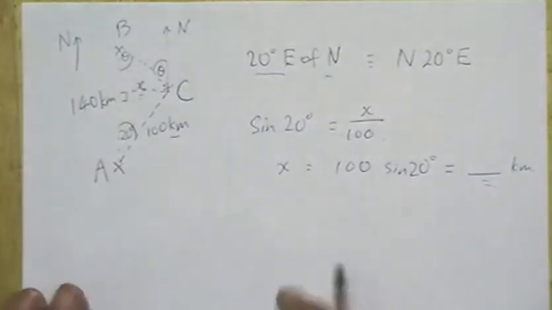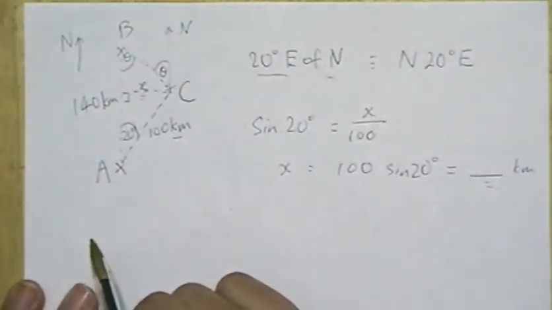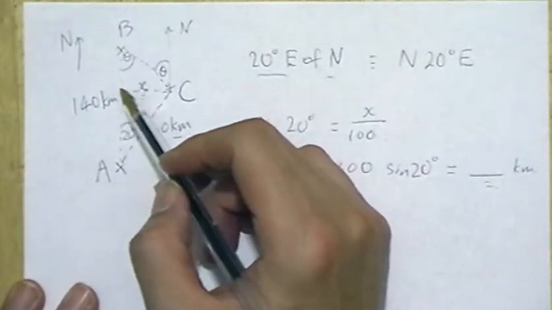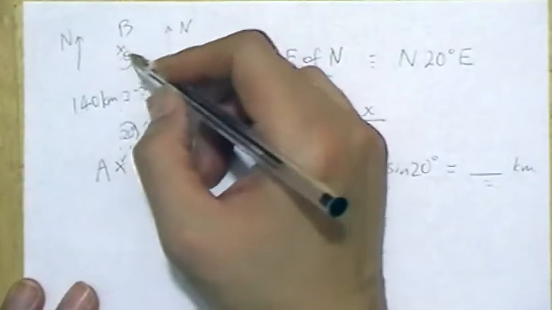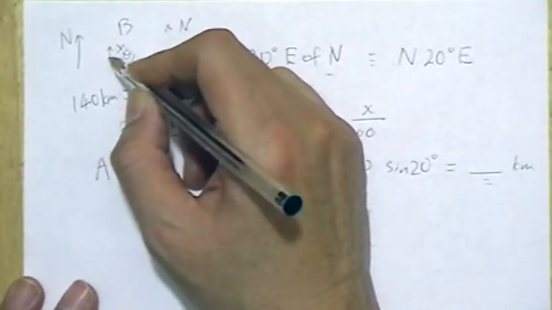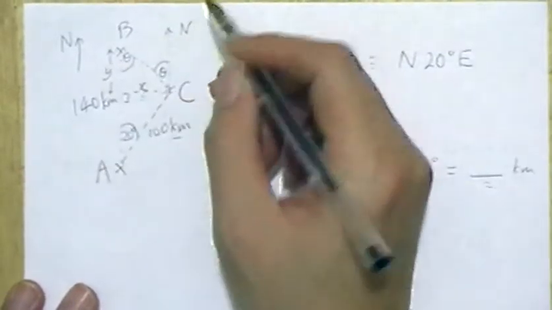Now we can do it if we know another side of the triangle. Now let's try and find this side. Let me call this y.